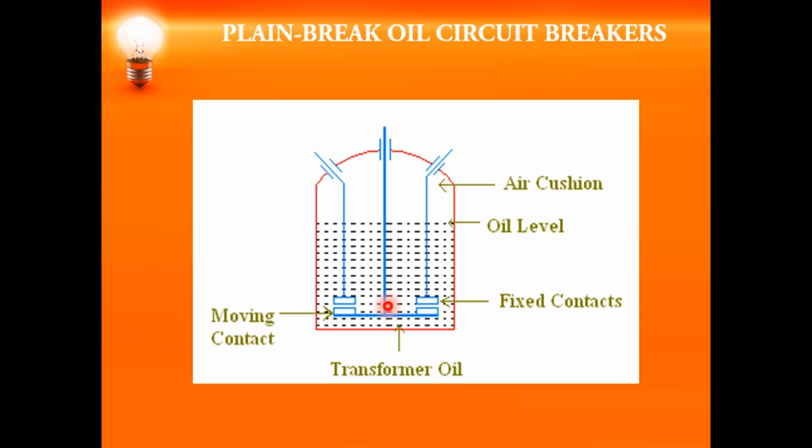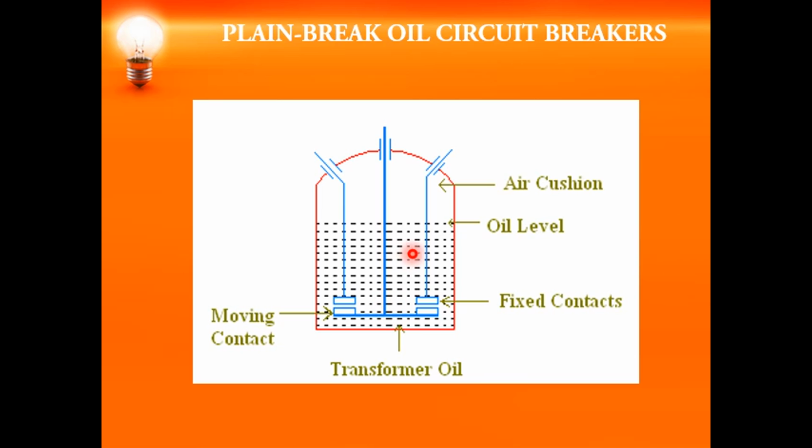When the gas is formed around the arc, the oil present around the contacts will get displaced. There will be a large pressure, and the oil will be pushed away at a very fast rate. You should see to it that the oil does not go out of the tank.